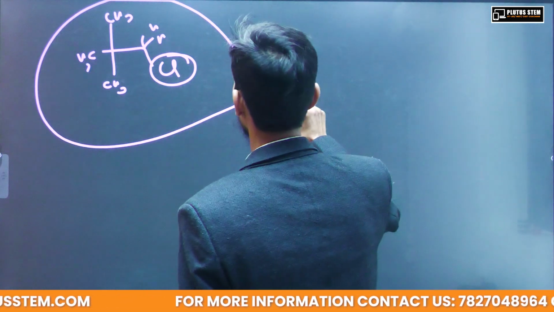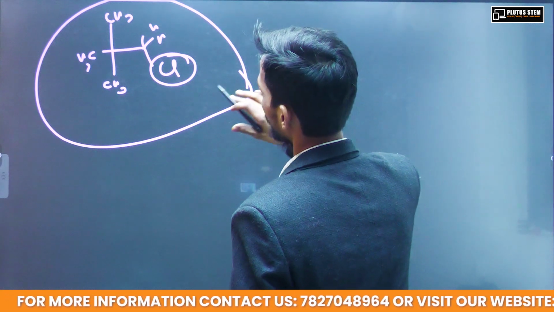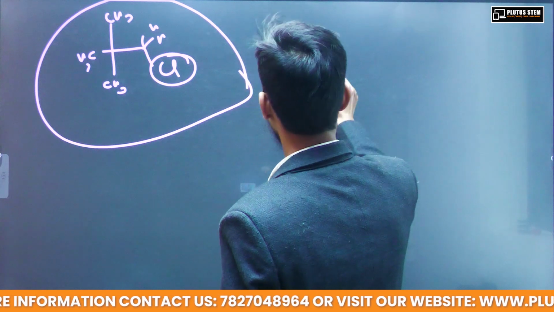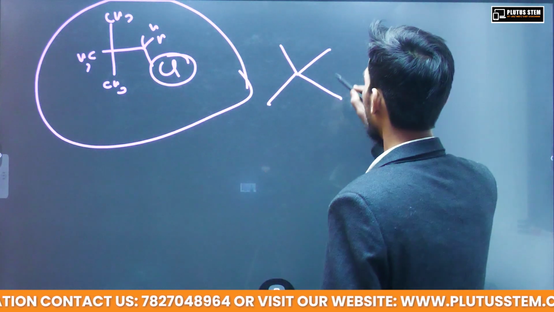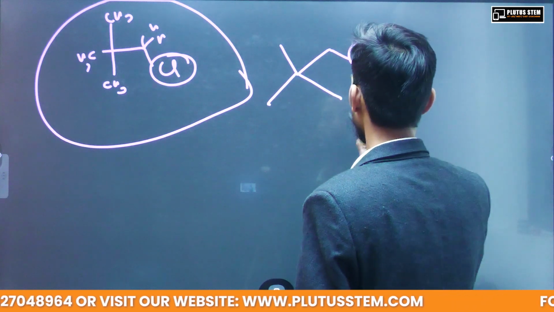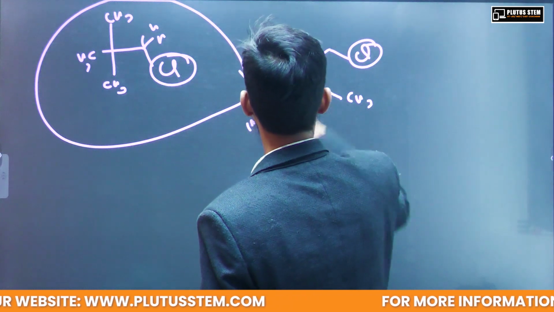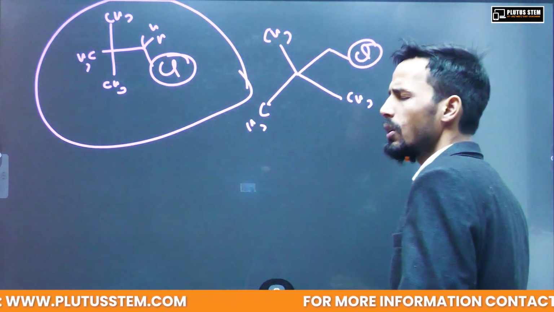If you are getting confused regarding this, it is like this: 1, 2, 3 and like this. Clear? CH3, CH3, CH3, and CH2, Cl. So anyway, you can draw.